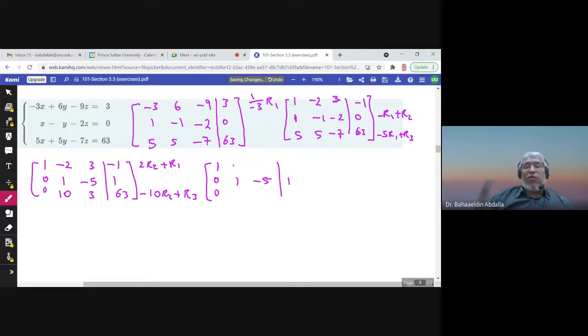Two plus negative 2, negative 10 plus 3, 2 minus 1, negative 10 plus 10, 50 plus 3, negative 10 plus 63.